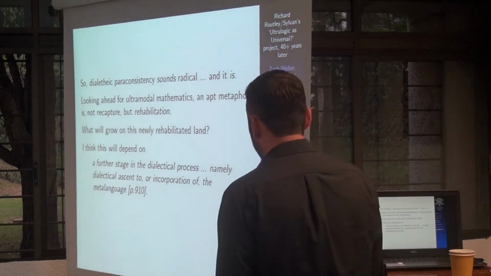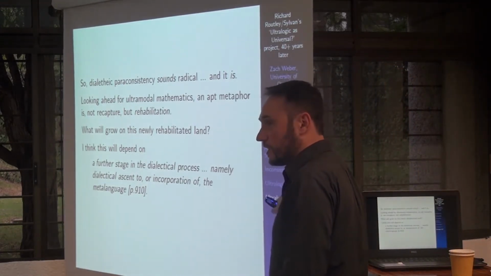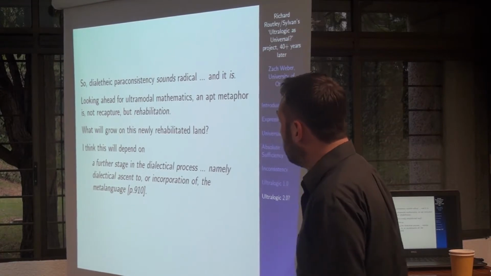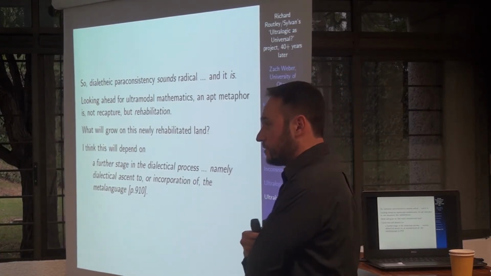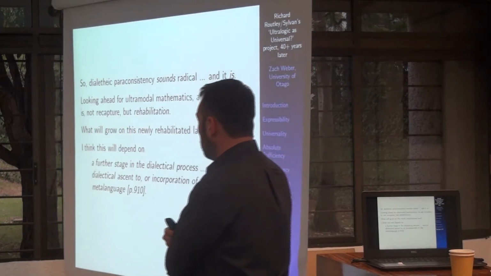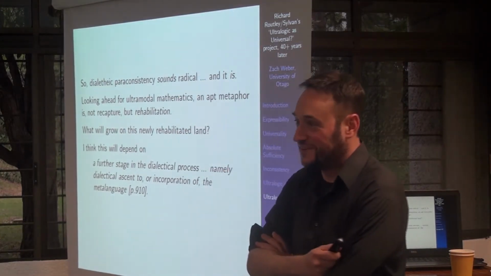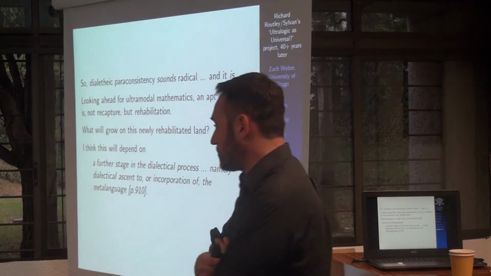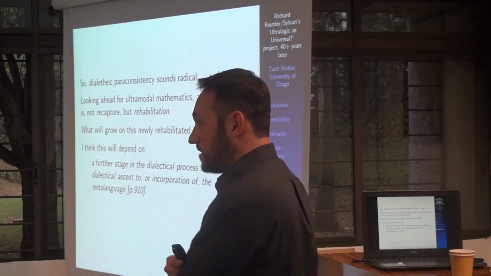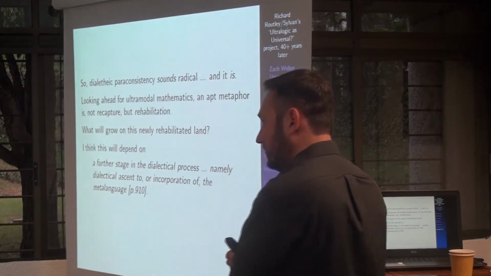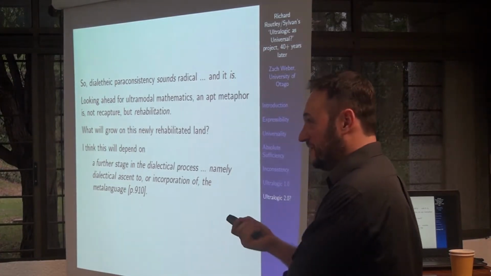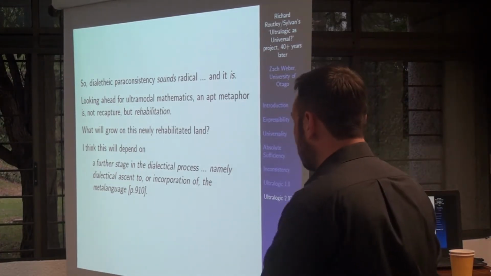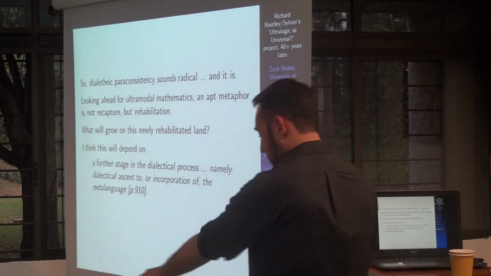So looking ahead for ultramodal mathematics, and now we're up to Ultralogic 2.0, the apt metaphor, I think, is not recapture, it's rehabilitation. What can we grow on this land? We don't want to just grow back the same exact forest that we just burned down. That would be a really weird project. Right? So what can we grow?